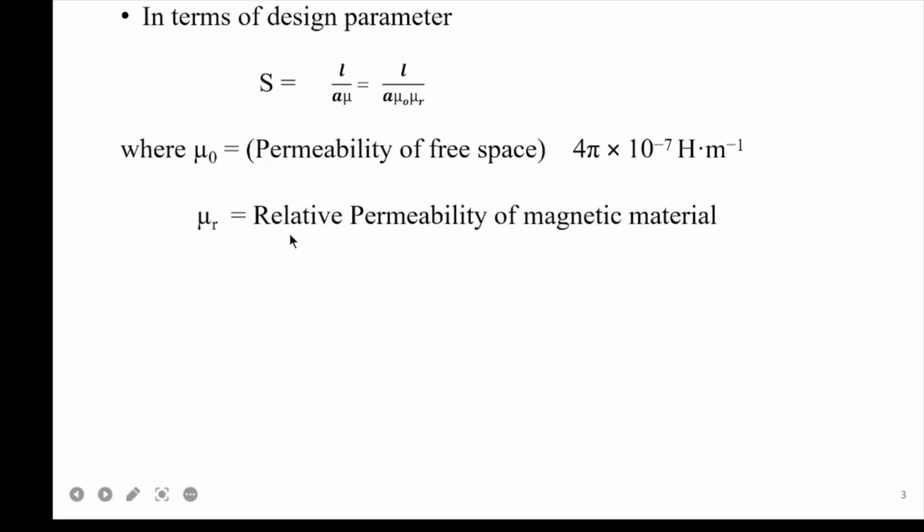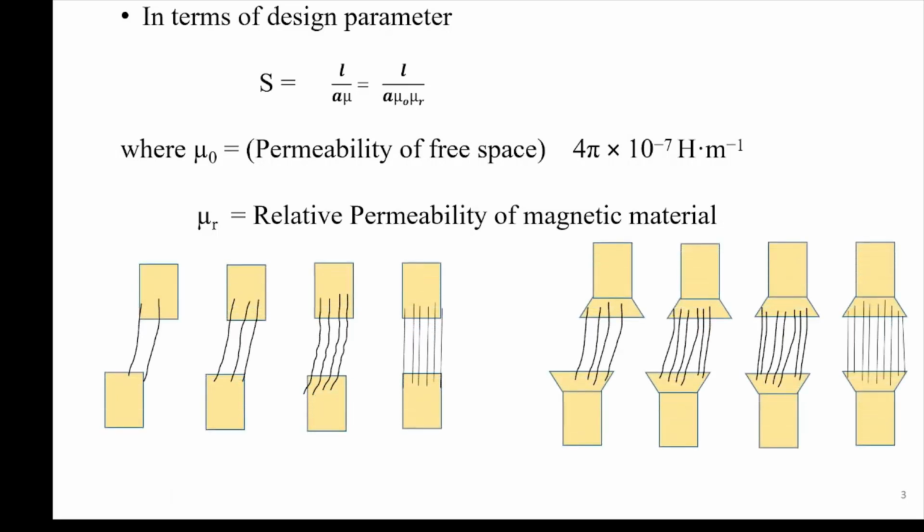To explain clearly, I have taken a diagram. In the left side diagram, there are 4 rectangle boxes in the upper side and again 4 rectangle boxes in the bottom side. Here the upper rectangles may be taken as the stator, and the bottom rectangles will be the rotor.